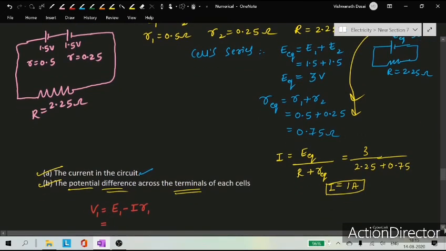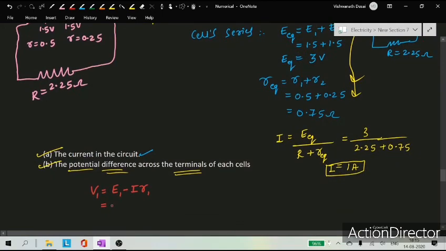So E1 is 1.5 minus the I value, we just got 1, and R1 is 0.5. So you calculate it, you are going to get 1.5 minus 0.5, which is 1 volt.